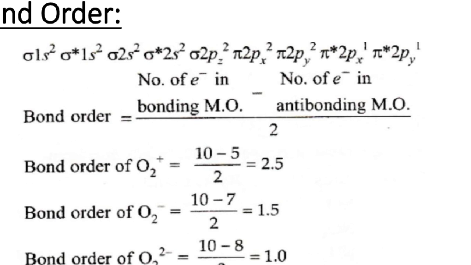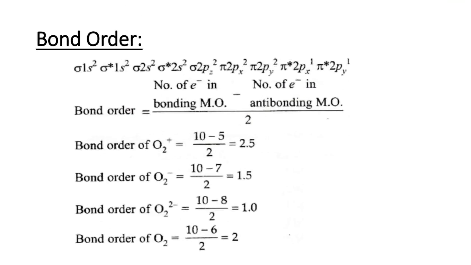Here the star mark represents the anti-bonding molecular orbitals, and the other orbitals are bonding molecular orbitals. Bond order is the number of electrons present in the bonding molecular orbitals minus the number of electrons present in the antibonding molecular orbitals, whole divided by 2. By this method we calculate the bond order.